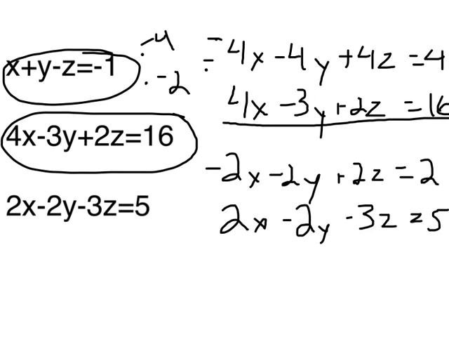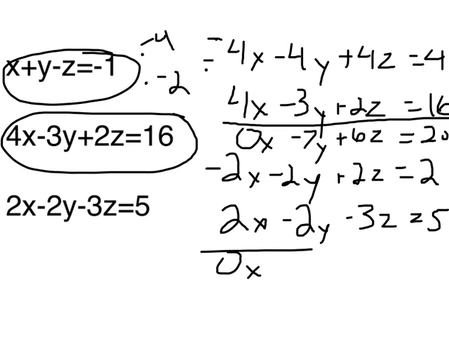So when we do this, we're going to get 0x, -7y, 6z, and 20. On the bottom equation, we're going to get, again, 0x, minus 4y, minus z equals 7.